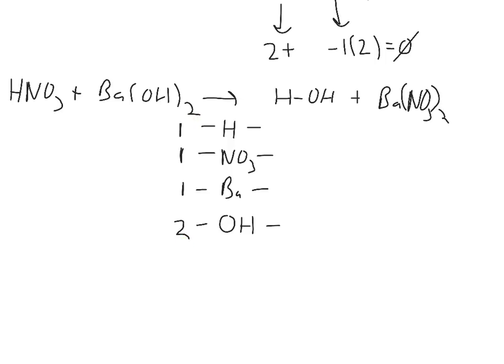On the product side, I have one hydrogen from water, one hydroxide, one barium, and two nitrates. So you can see that the equation is not balanced. To balance it, start with something that only appears in one reactant and one product. I'm going to start with nitrate.